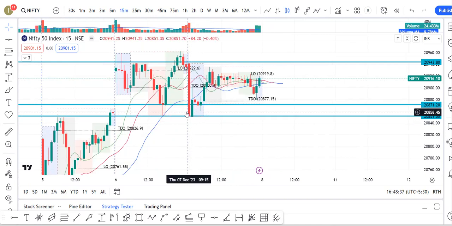So another hack I found out is, you can go to one website called tradingtick.com.